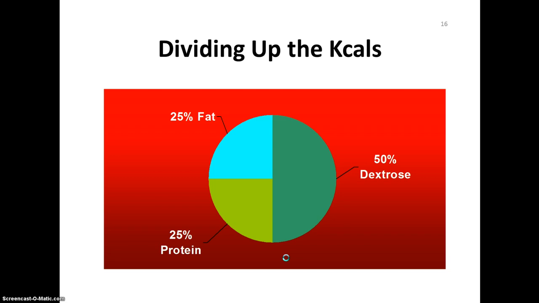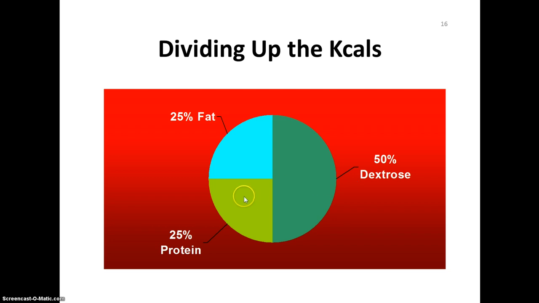We've got dextrose, protein, and fat to consider. This little pie chart gives you an example of a fairly common dividing scheme. Half of your calories should come from dextrose, and then the other half from fat and protein, usually divided fairly evenly. But there are some patients who need less dextrose, maybe because they're already hyperglycemic or they have diabetes or some other issue.